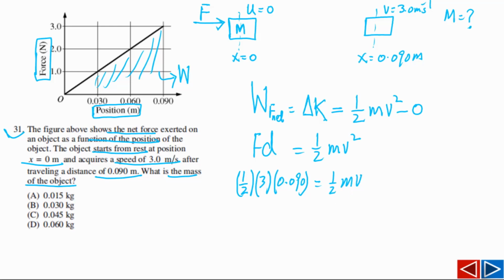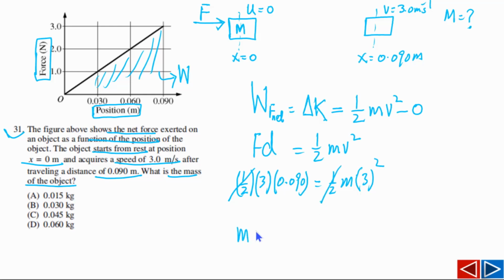Value of v is given, that is equal to 3 meters per second, so we can replace it with its value. We can also cancel 1/2 with 1/2.